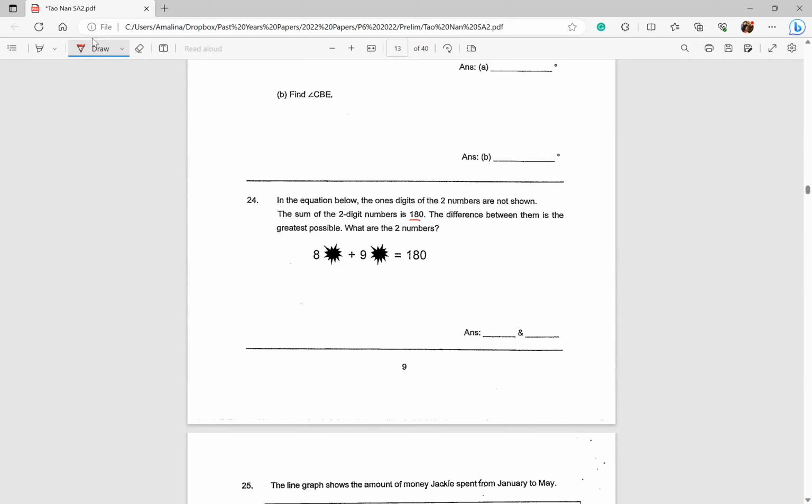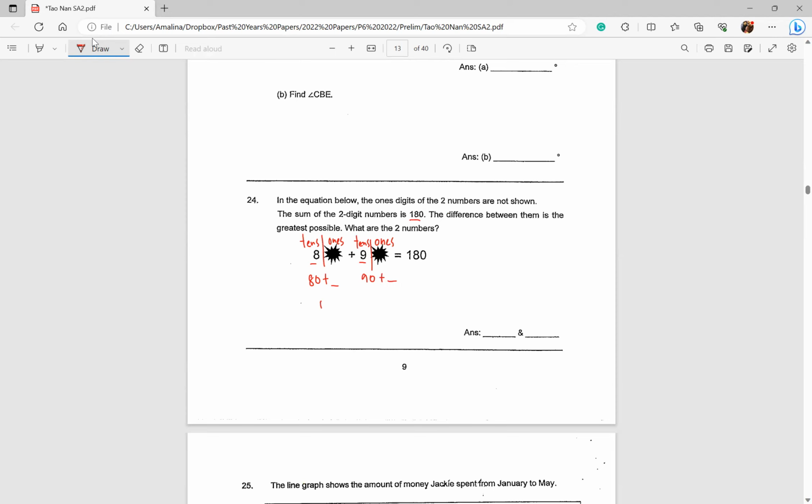Now recall, if I look at the value of these two numbers, your 8 and your 9 fall under the tens place. This is your tens and this is your ones. So let's try to find out the value. 8 tens and 9 tens means this is 80 plus something, and this is 90 plus something.